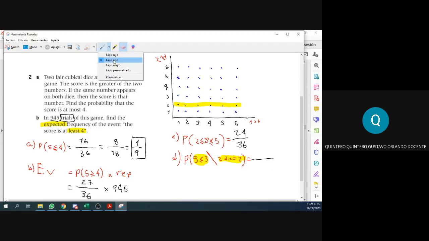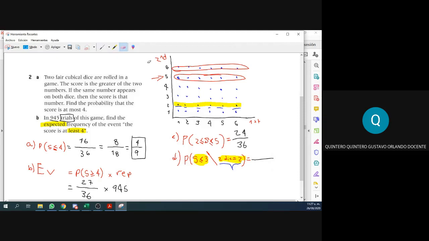So out of the 36, out of the 1, 2, 3, 4, 5, and 6 possibilities that we have, these are the only ones that take this event into account. We're not going to think about these ones, for example. These are not good options because they don't take the condition into account. How about these ones? For this one, the second die is number 5, and we want the second die to be number 2.